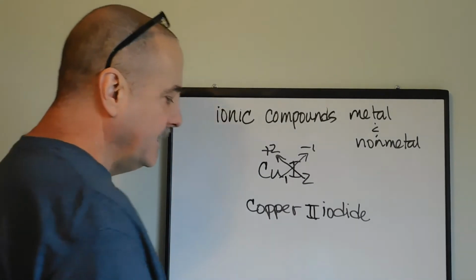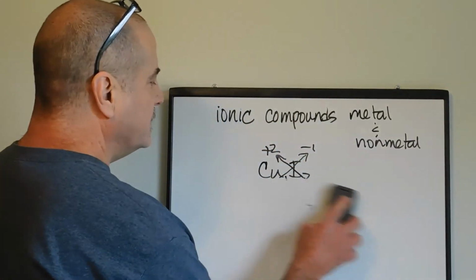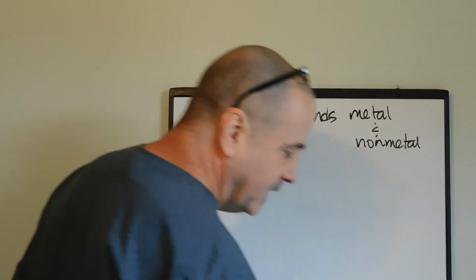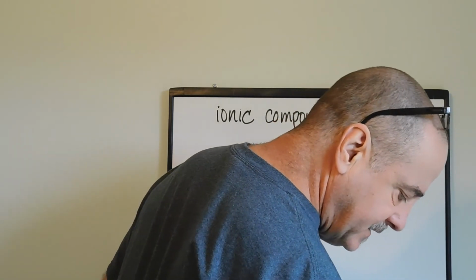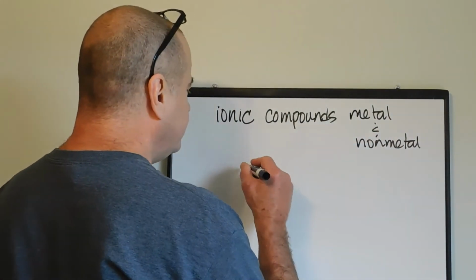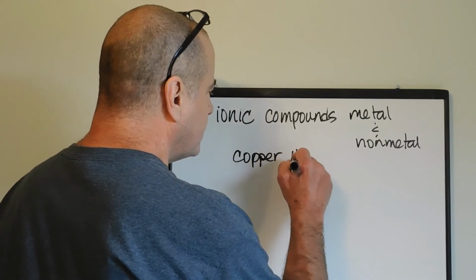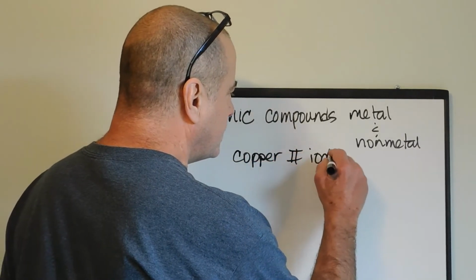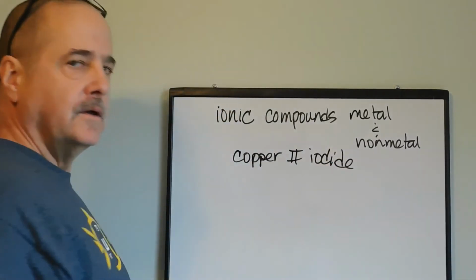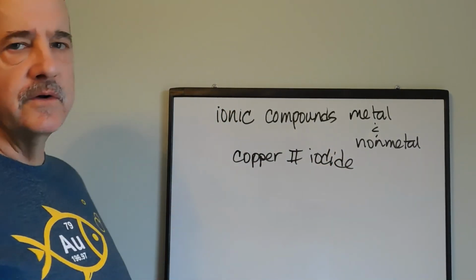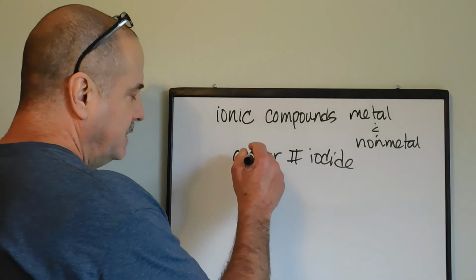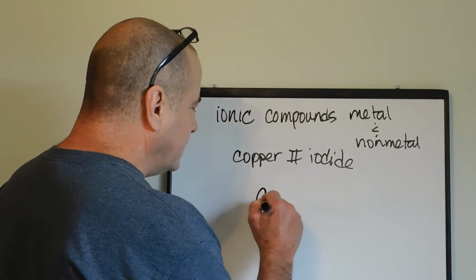Okay? Now, when you're given stuff going the other way, when you're doing this, this is where the crossing over comes in. You've got copper here, so you write down copper.